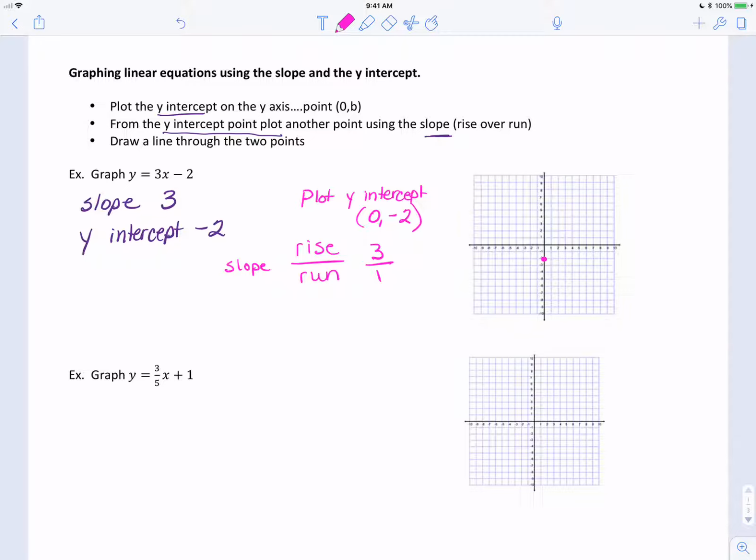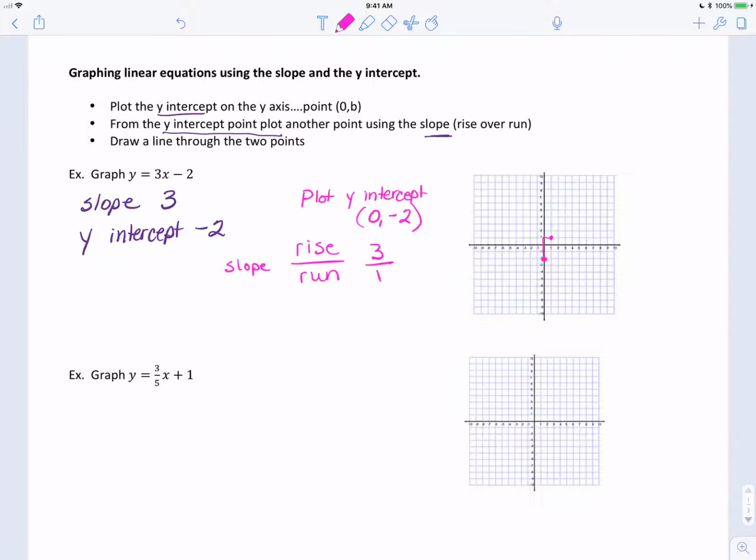From that y-intercept we just plotted, we're going to go up 3 units. 1, 2, 3. Then we're running over 1. Notice everything is positive. We went up 3 and ran over 1.